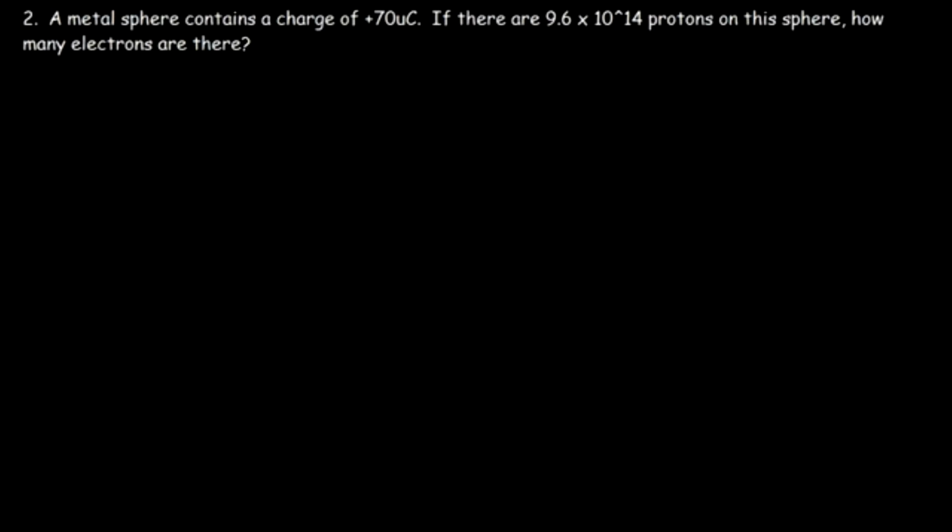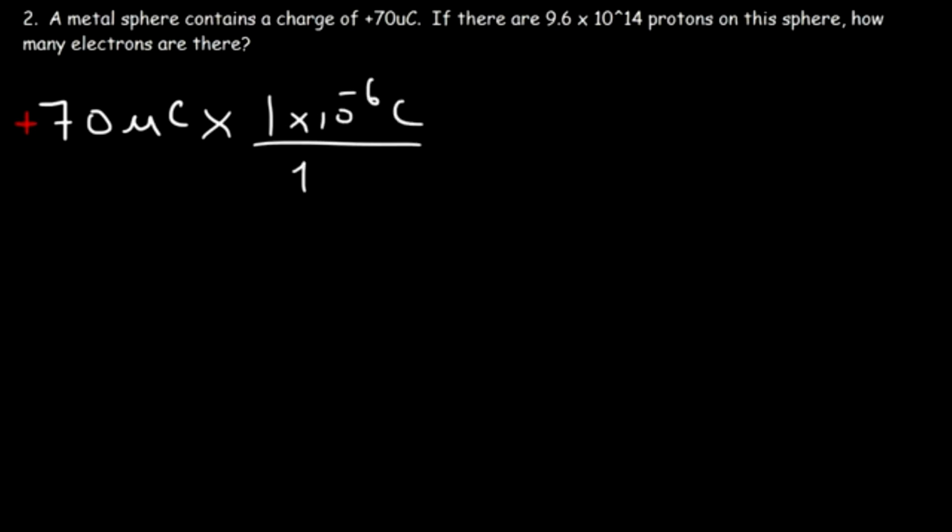Number 2, a metal sphere contains a charge of 70 microcoulombs. If there are 9.6 times 10 to the 14 protons on this sphere, how many electrons are there? Well, let's convert microcoulombs into the number of protons. Since the charge is positive, this means that there's more protons than electrons. 1 times 10 to the minus 6 coulombs is equal to 1 microcoulomb.